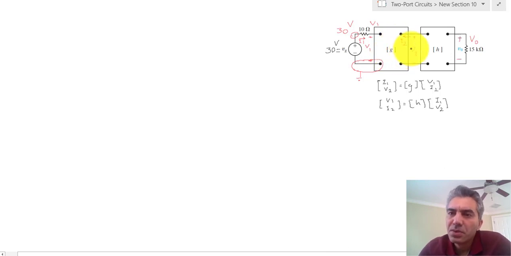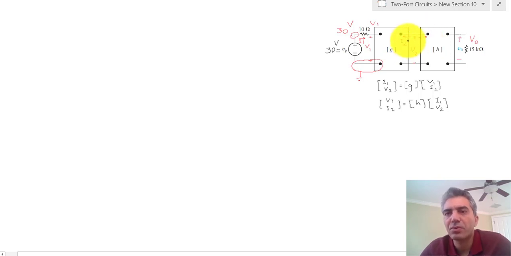Now, when it comes to labeling these two connected to each other, I'm going to have to do the same for this second port and assume that there's a current going in order to directly use the equations. But then, in order to reduce the number of unknowns, I'm not going to call it anything new, because I know if this is a node right here in the middle, I2 plus this other current are equal to 0.